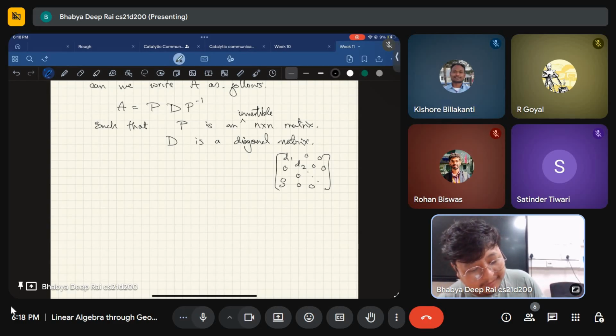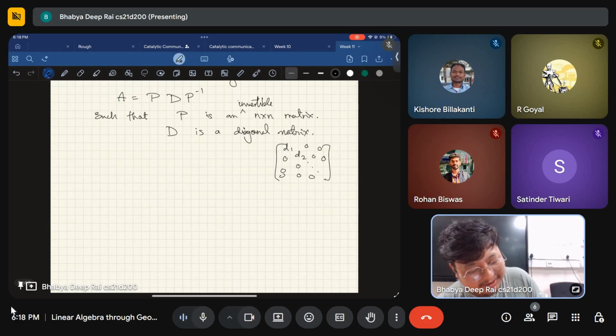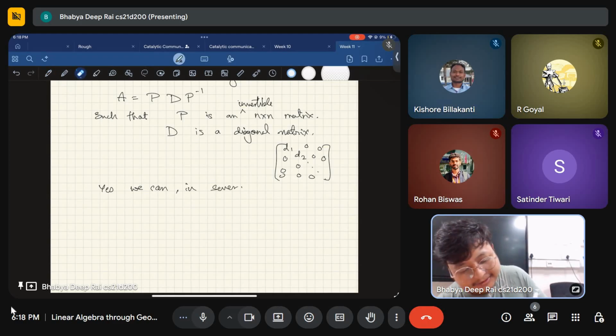We'll come to the application later on, but this is the fundamental question that we are interested in. Can we write it as follows? It turns out that yes, we can, and we'll soon see when, in particular cases rather.